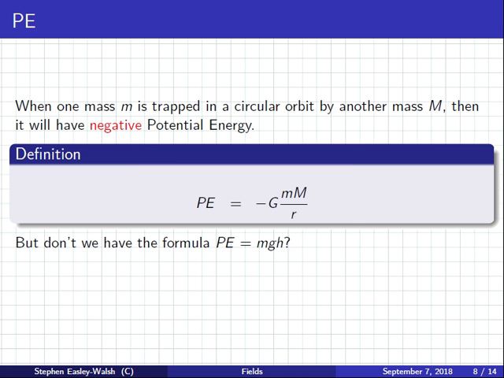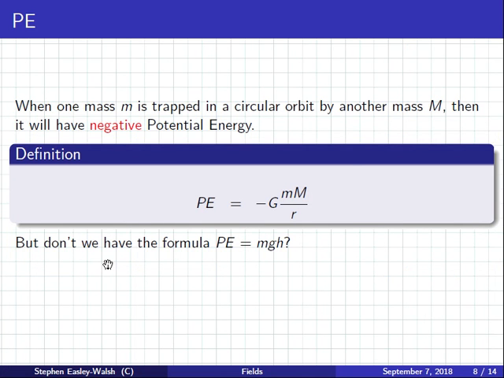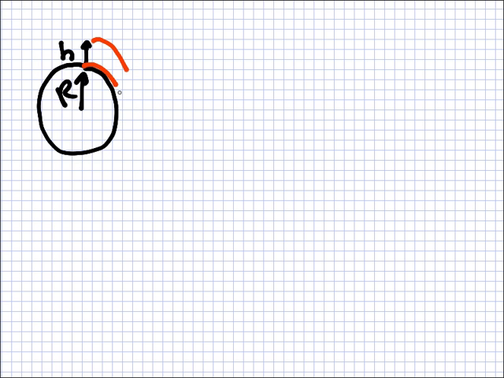Oh, yeah. Let's see what's happening, because we have two formulas. It looks like. So let me explain what's happening. We'll call this R, and this H, and here and here there are two potential energies.